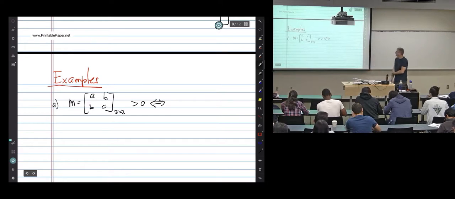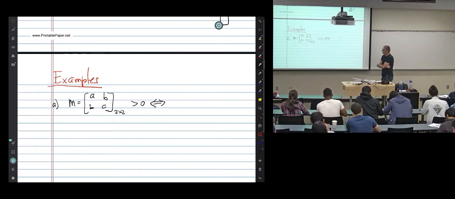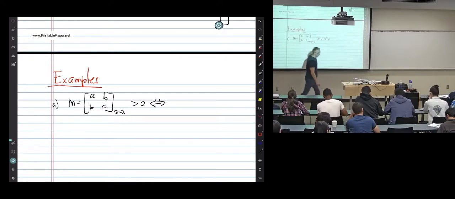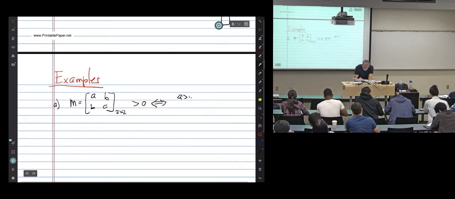By Schur's complement theorem, this matrix, which is symmetric, no problem, is positive definite if and only if A is positive definite, or positive, okay? And C minus B times 1 over A times B is positive.